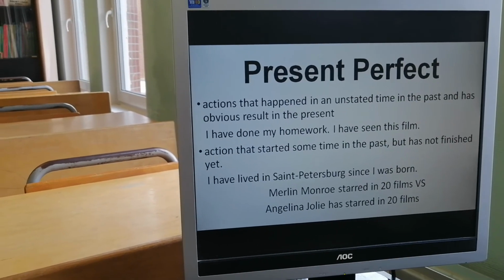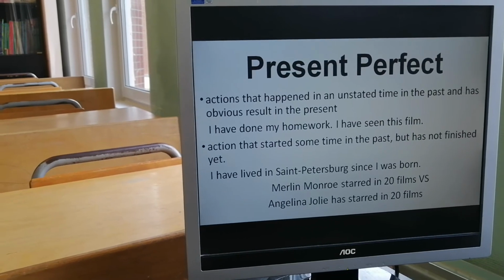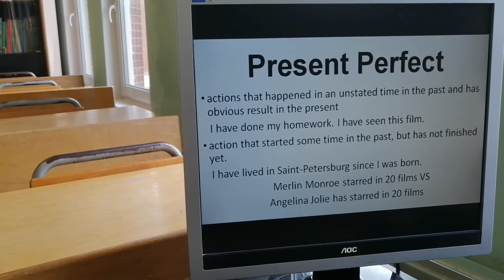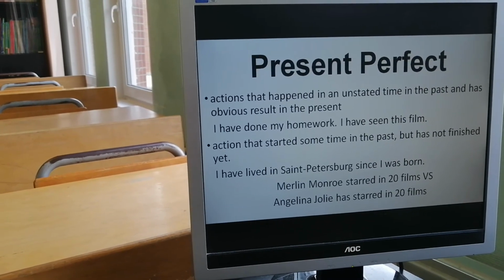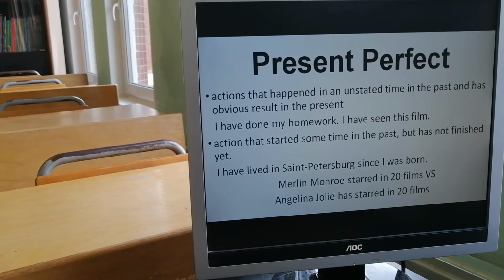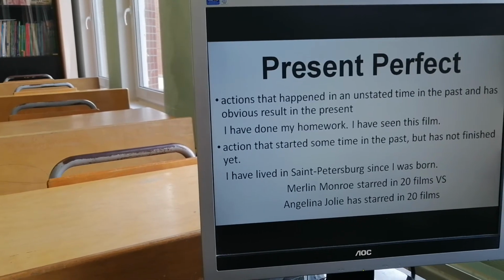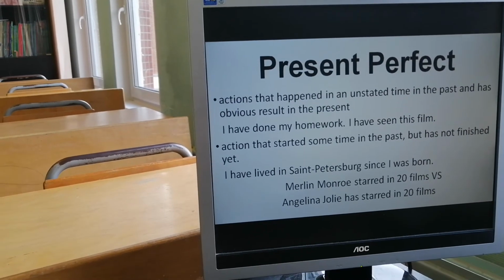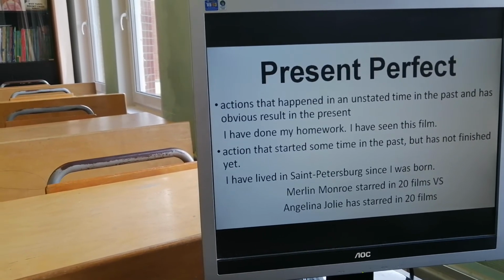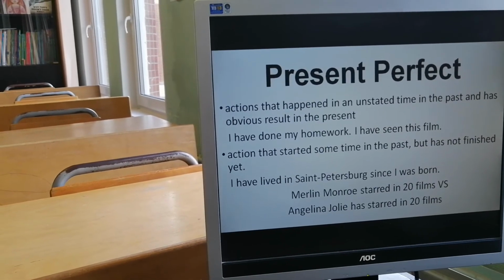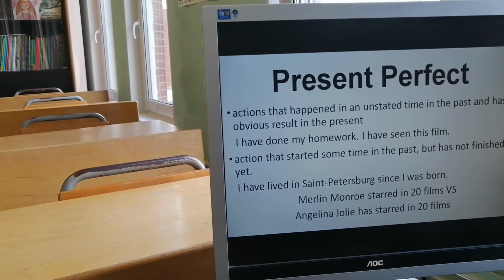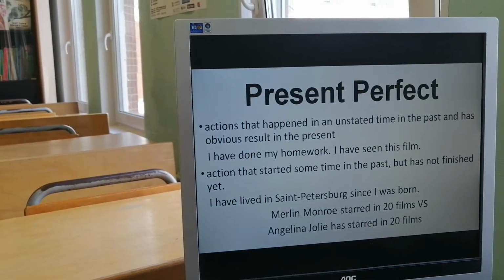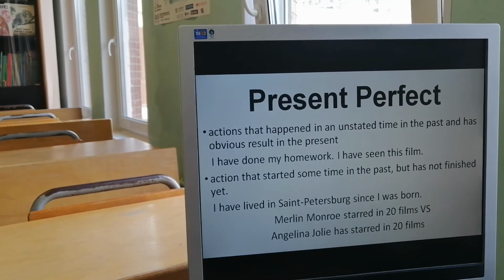So one of the basic rules is, if the person we are talking about is still alive, we use present perfect because the person can add to his or her achievements. Whereas if the person is already dead, we use past simple because it's all over now and the person can't add anything to that achievement list.